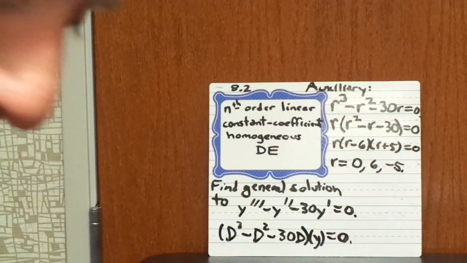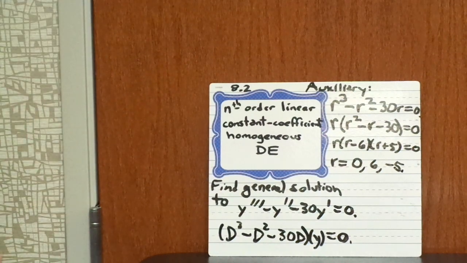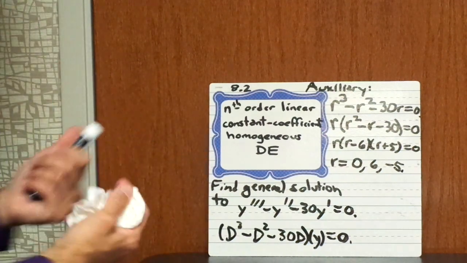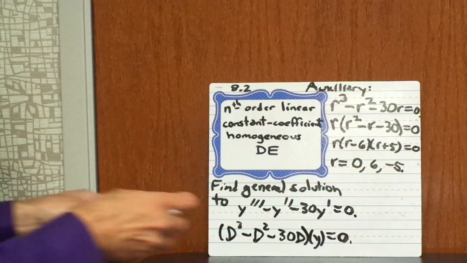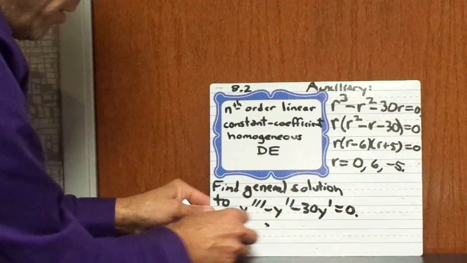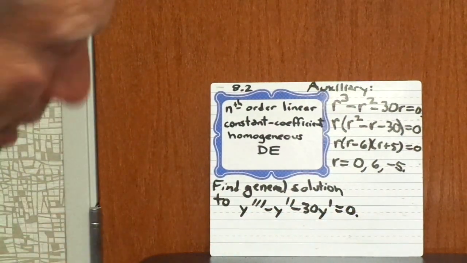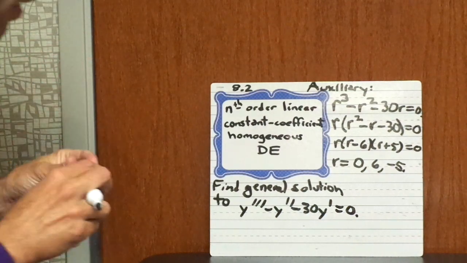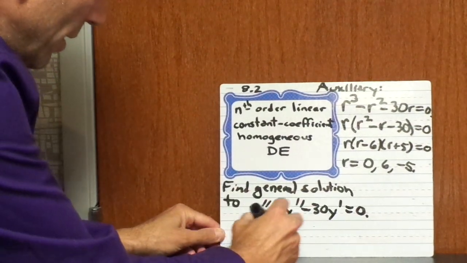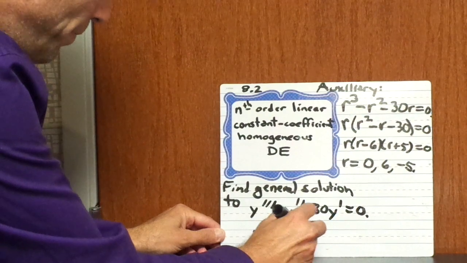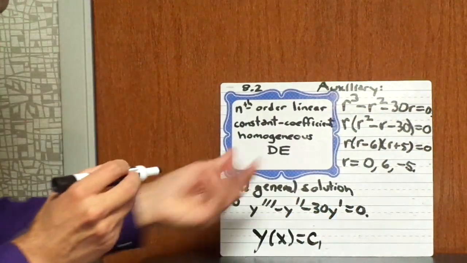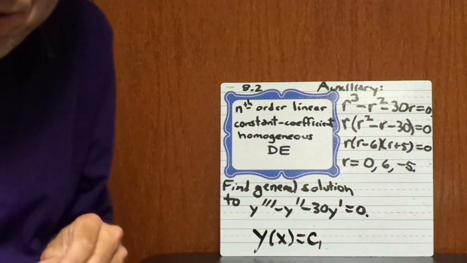And if I have three distinct roots, again, I talked about this just a minute ago in the last example, I can write down my general solution. So let me see if I can put the answer here at the bottom of this little screen, right? So y of x is going to be c1 times e to the 0x, right?